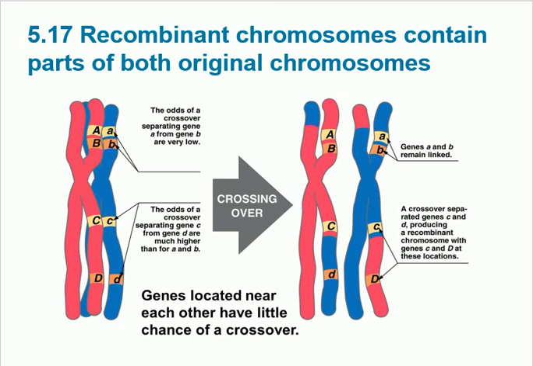Are we still following? Did you get what I mean? They are linked, so they are supposed to stay, but sometimes this piece separates and goes to another chromosome. So crossover can happen, and it's going to change the location of these two. The two are still together, yes, but they moved from one chromosome to another chromosome.